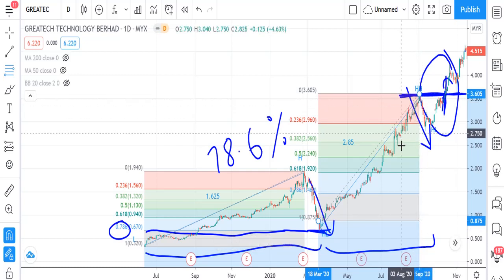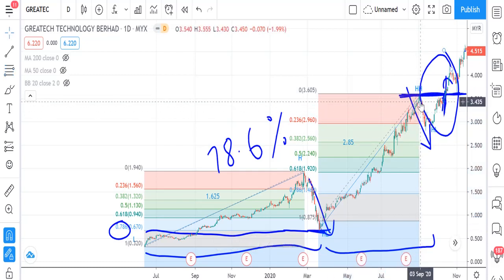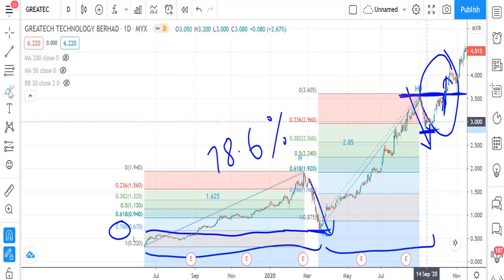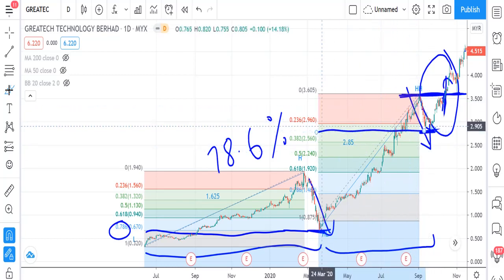There are a lot of things there which are disturbing me. Now we have got the Fibonacci levels. This part is the low, right? If you try to draw it, this low is somewhere between these two levels, between 23.6% and 38.2%.